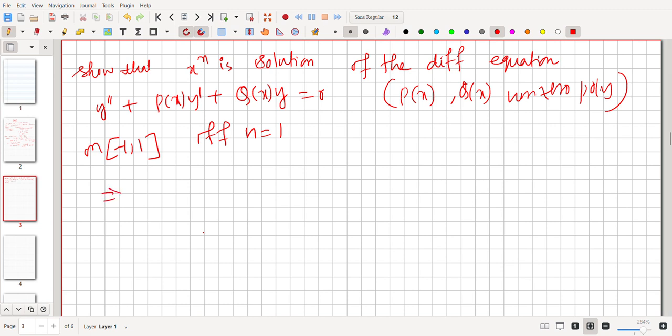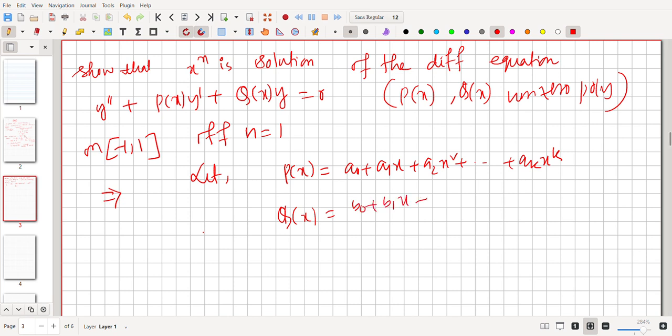What I did: let p(x) = a0 + a1x + a2x^2 + ... + ak x^k, because p(x) is a polynomial, and q(x) = b0 + b1x + ... + bt x^t. I have to show the if-and-only-if case.